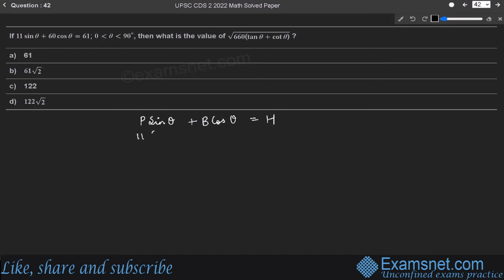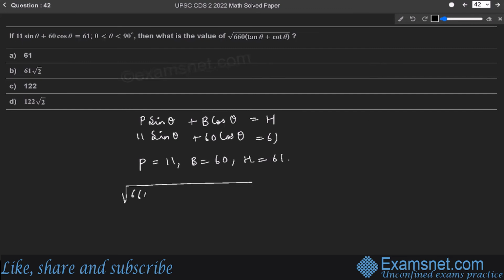Given term is 11 sine theta plus 60 cos theta is equal to 61. On comparing both equations, we get perpendicular is equal to 11, base is equal to 60 and hypotenuse is equal to 61.